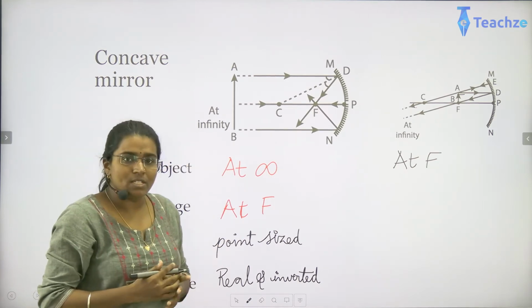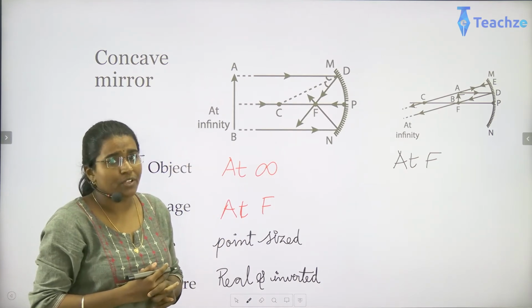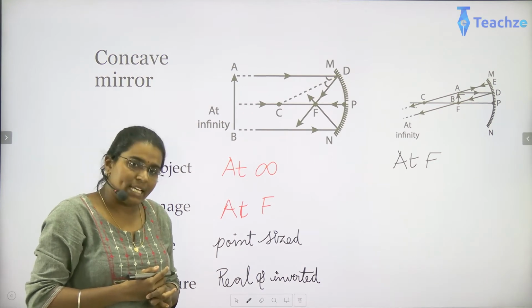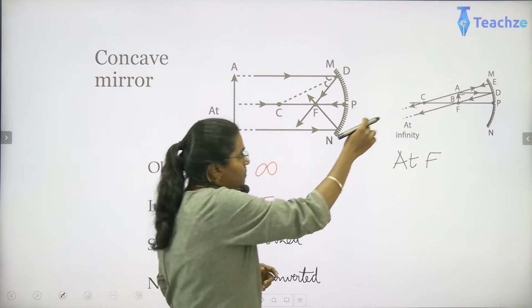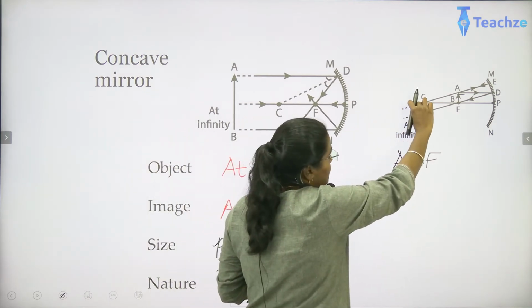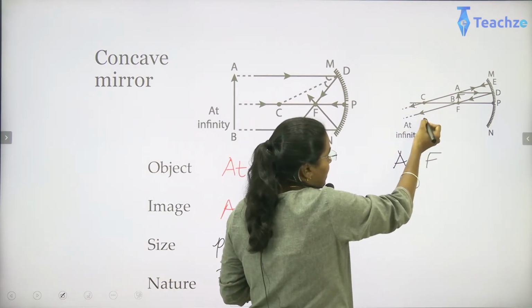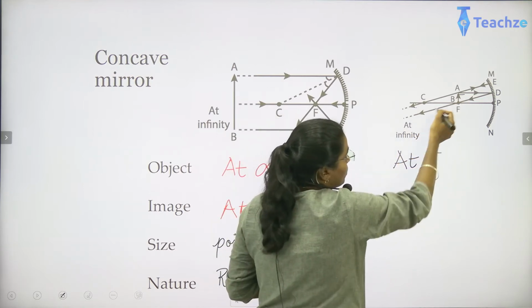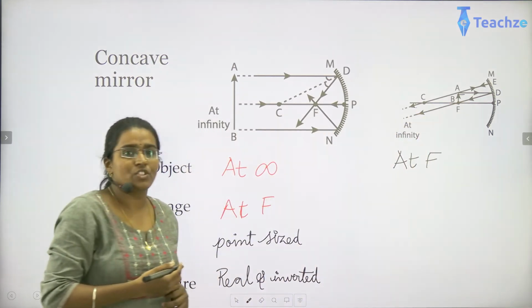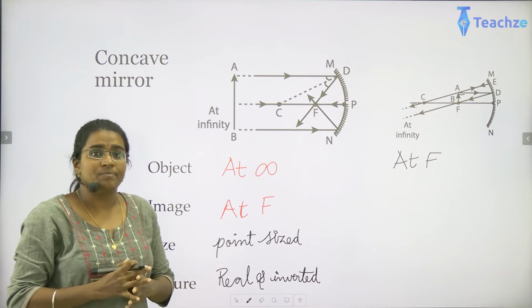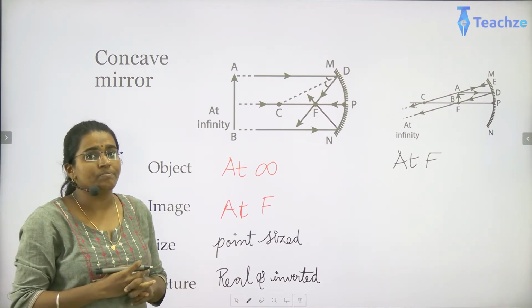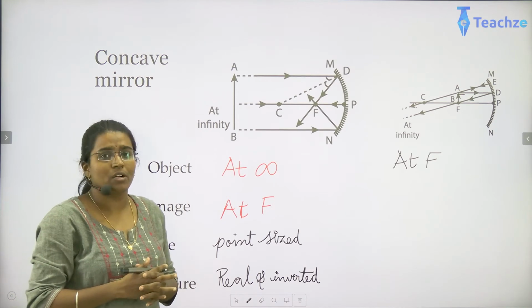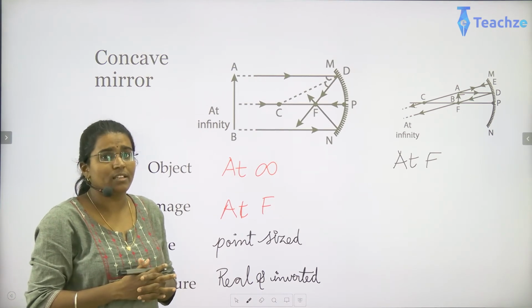When it passes through the center of curvature, what will happen to the reflected ray? Yes, it will again pass through the center of curvature. So these 2 lines after reflection, one through the focus and one through the center of curvature, are parallel. Do parallel lines come together?